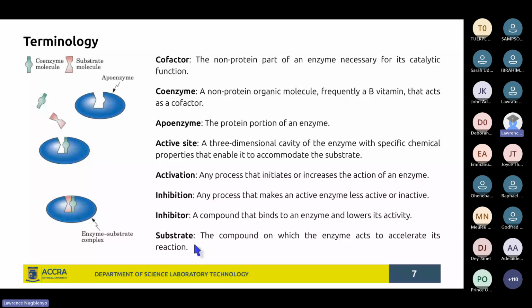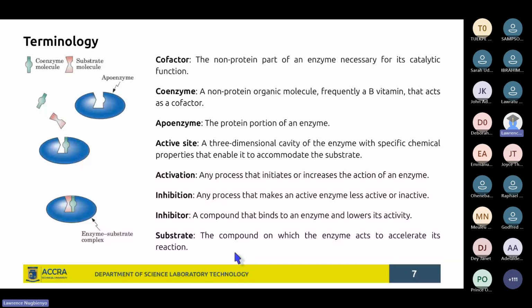These terms, we'll be making use of them as we speak. As we look through, when we talk, we'll be mentioning these words. We say substrate, then you know that we are talking about a substance on which the reaction is occurring. Inhibition, inhibitor, activation, activator, active sites, apoenzyme, cofactor, coenzyme, all of these terms are now clear to you. So when you hear them being used, you will understand.